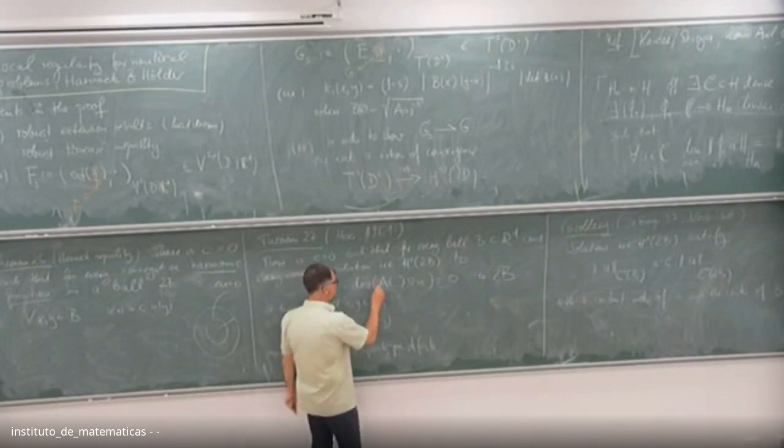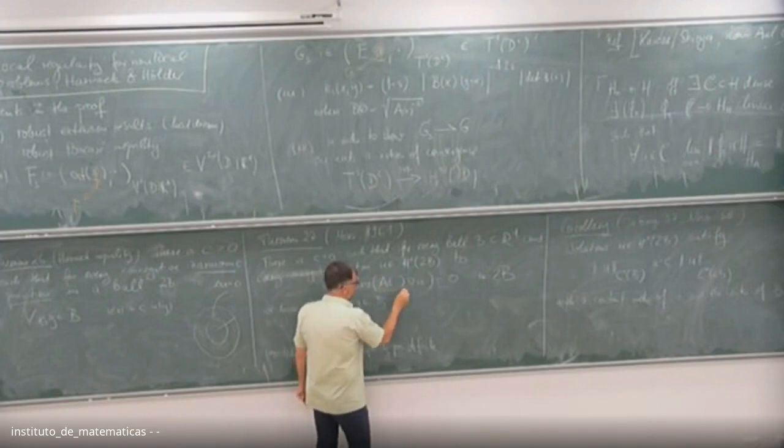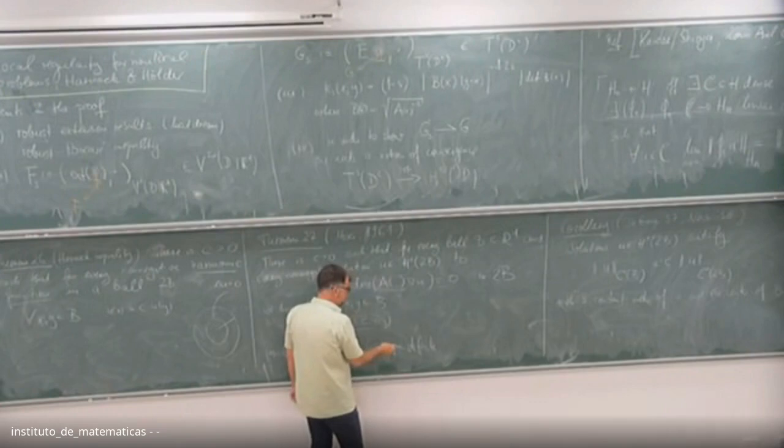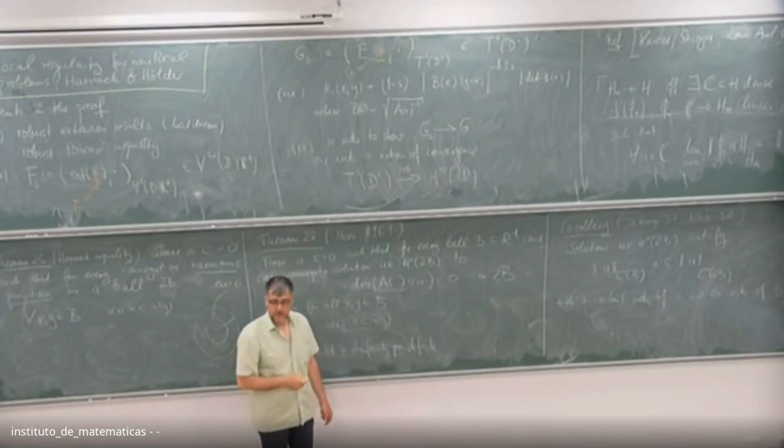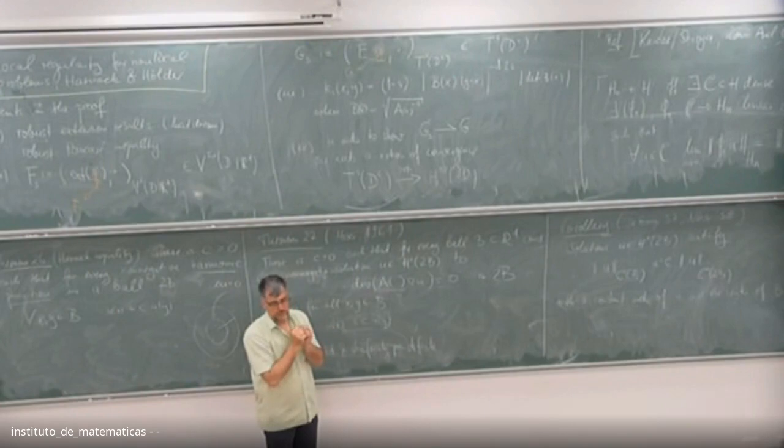Now, if A depends on u, you can still make this assertion as long as A depending on u is uniformly positive definite, because we are looking at a given function u.